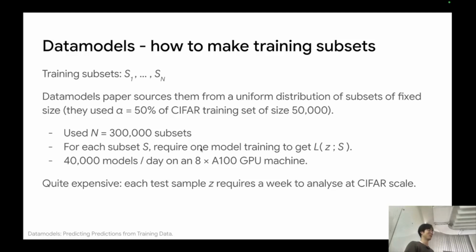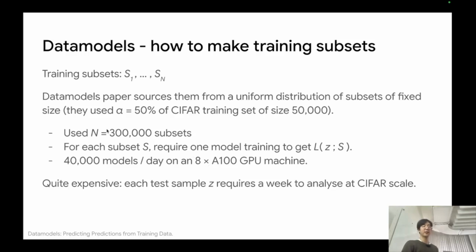Just to explain one model, right? I think it was a very small model actually. And they were processing these training sessions at the rate of 40,000 models per day on an 8 times A100 GPU machine. So it's not actually too bad compared to the number of models that they are training, but still, you need sufficient resources to do this kind of crazy experiment.